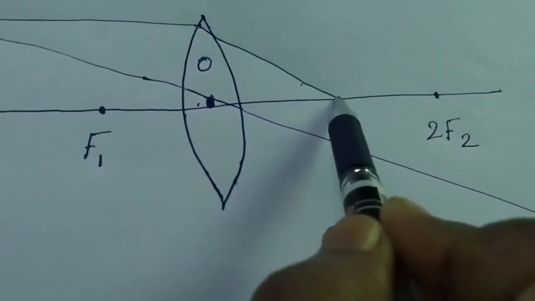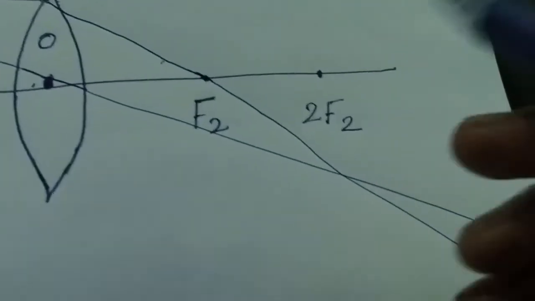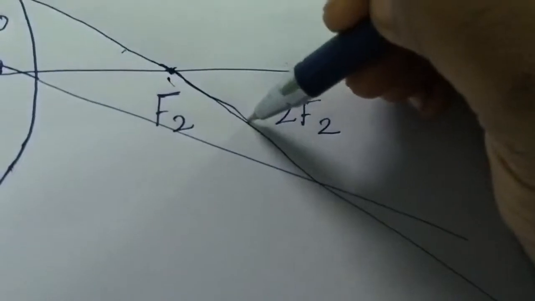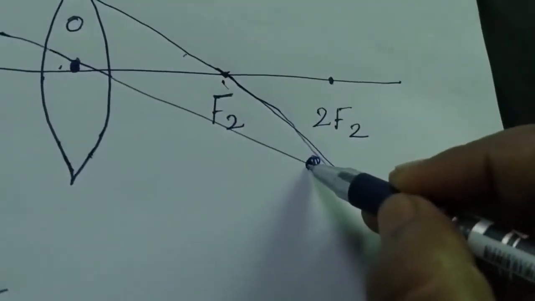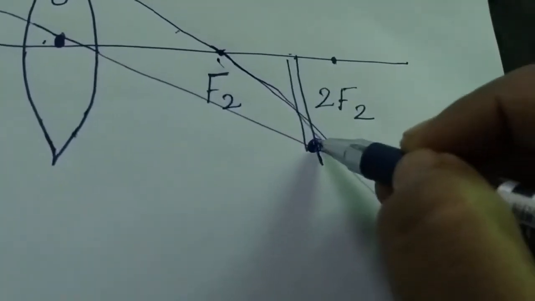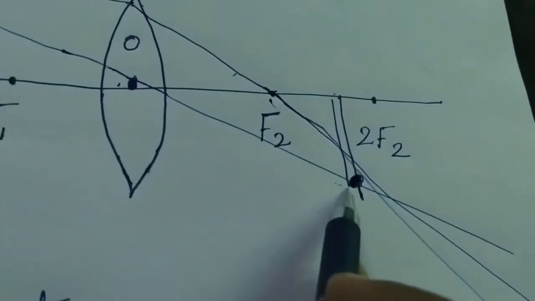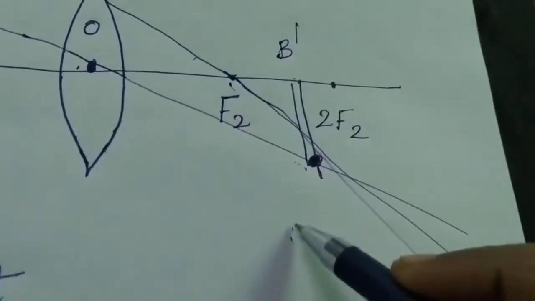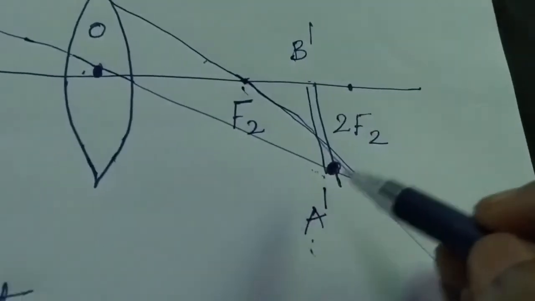So this is the principal focus, and exactly here we will get the image. The point where the two lines intersect, that point gives the image B dash A dash. Here A dash and B dash are the image.